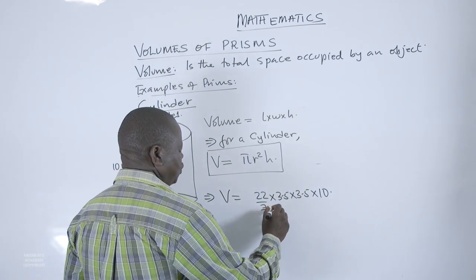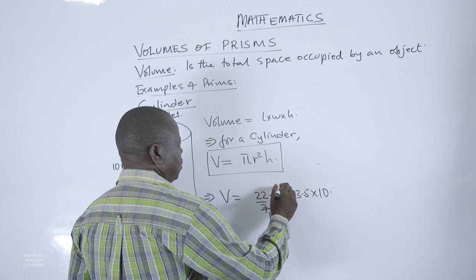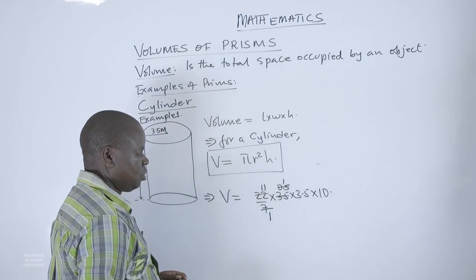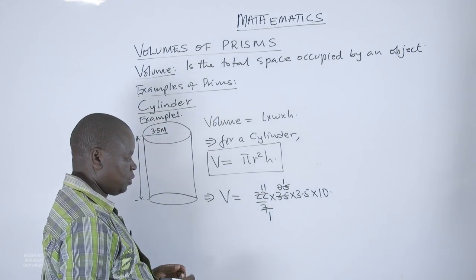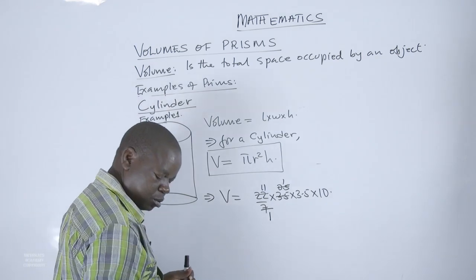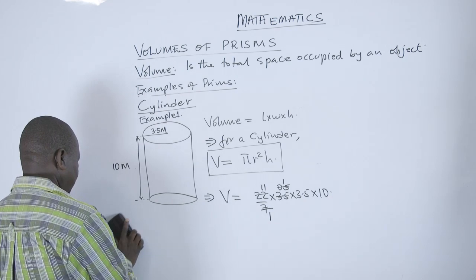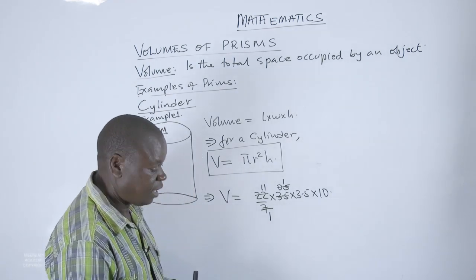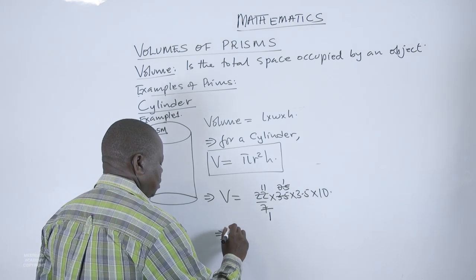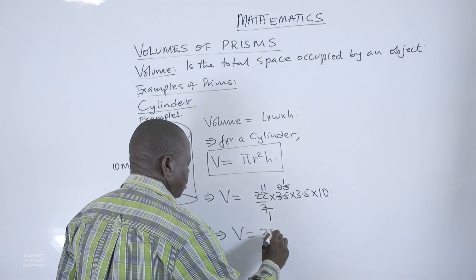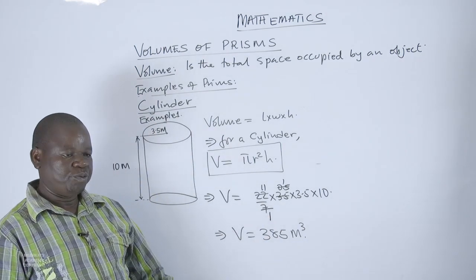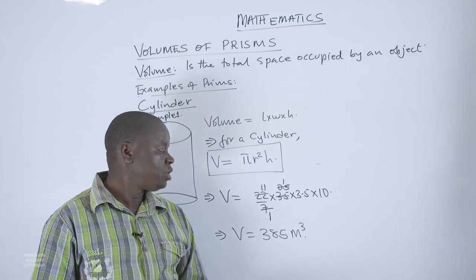Upon simplification, we get volume as 385. Volume is 385 meters cubed.